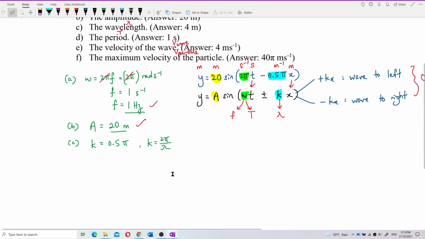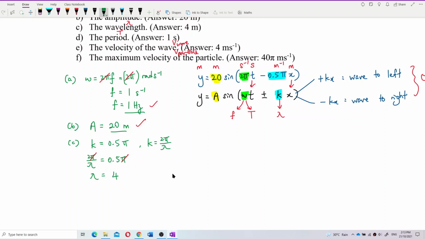So just substitute inside: 0.5 pi equals 2 pi over lambda. Let's calculate. The pi and pi cancel off, and I got the answer. My wavelength is equal to 4.